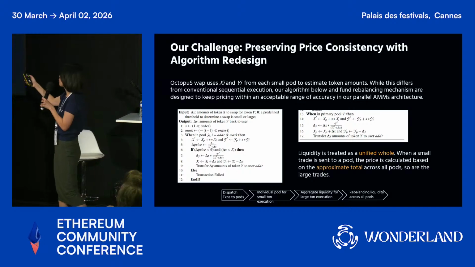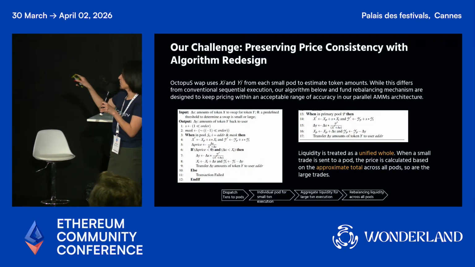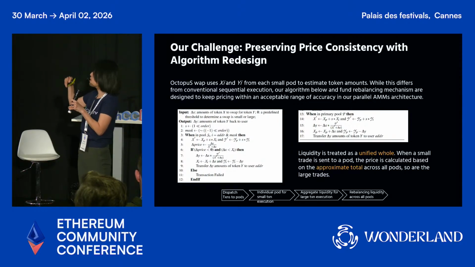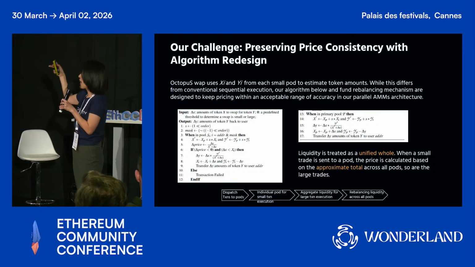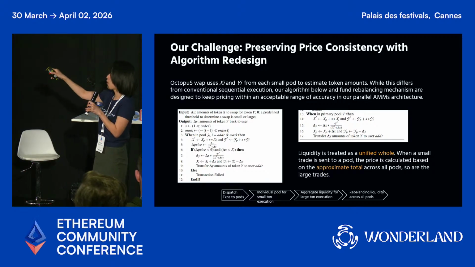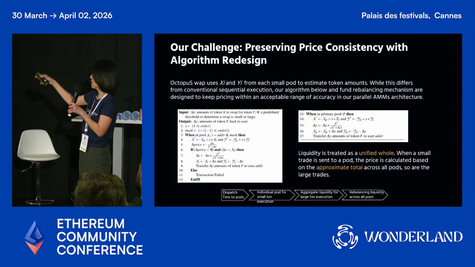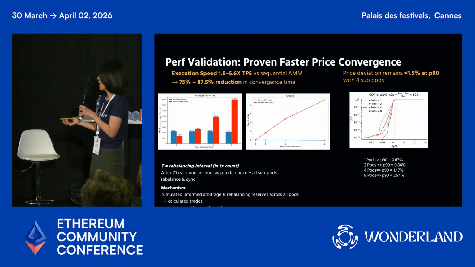So with this algorithm, if a small transaction is sent to a pod, we don't quote the local reserve. The price is calculated based on the approximate total across all the pods. So are the large transactions. So we have to keep this pricing within an acceptable range of accuracy in our design. I won't get into the details of this equation, but you can ask me later. Let's chat about it.